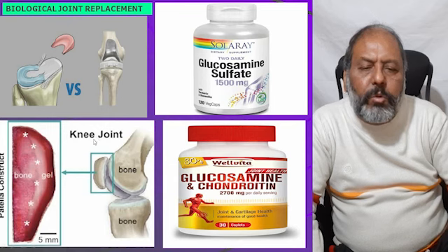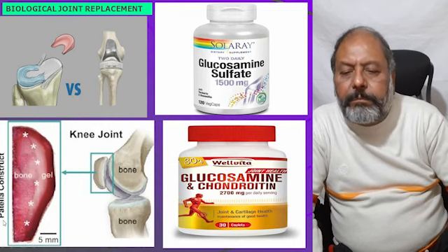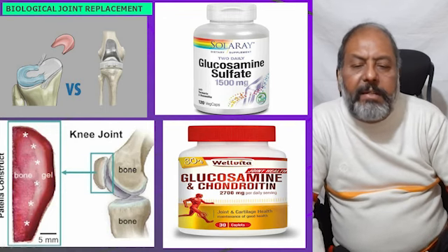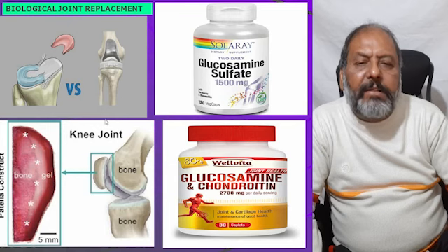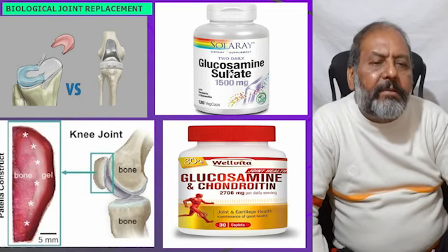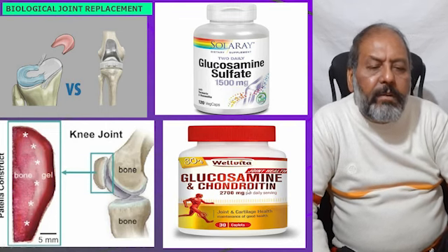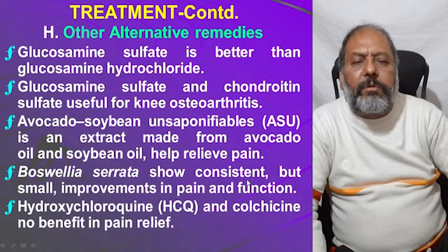And here also one can see the knee joint, and there is a patella construct, and that is going to repair the patella, and that is part of a biological joint replacement. Then these are glucosamine sulfate and glucosamine with chondroitin sulfate, but their role is not very clear.